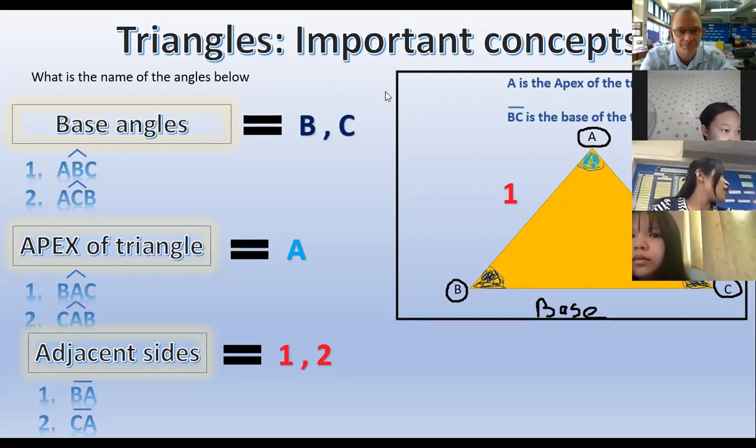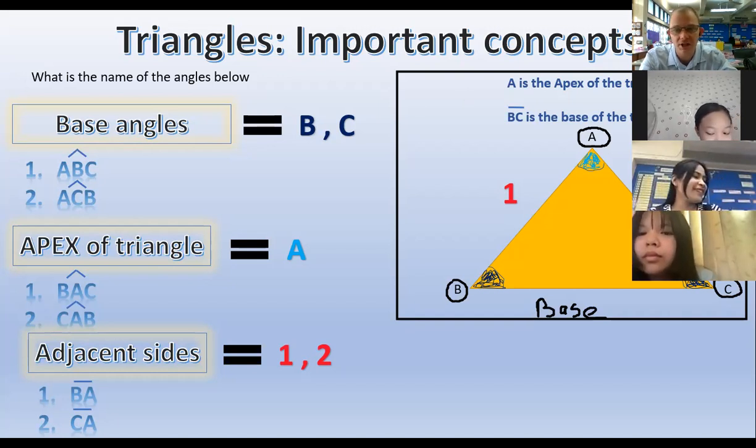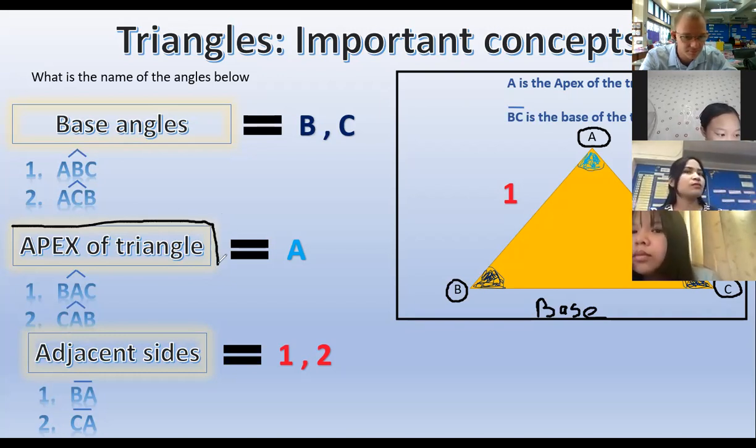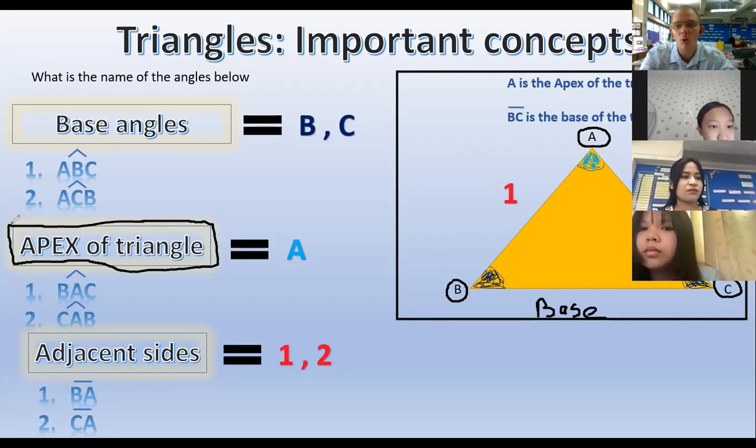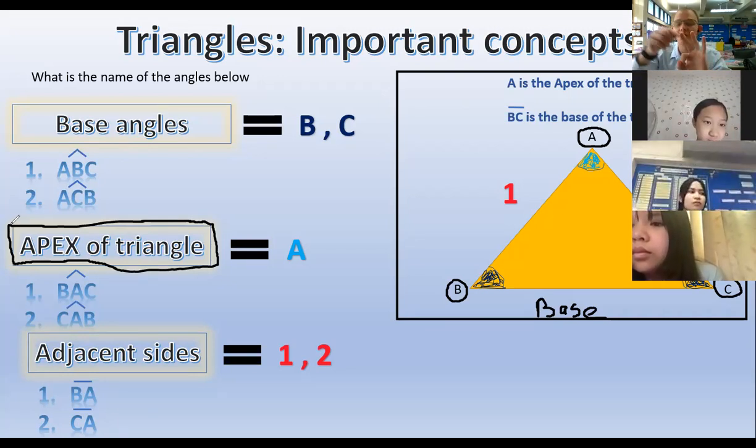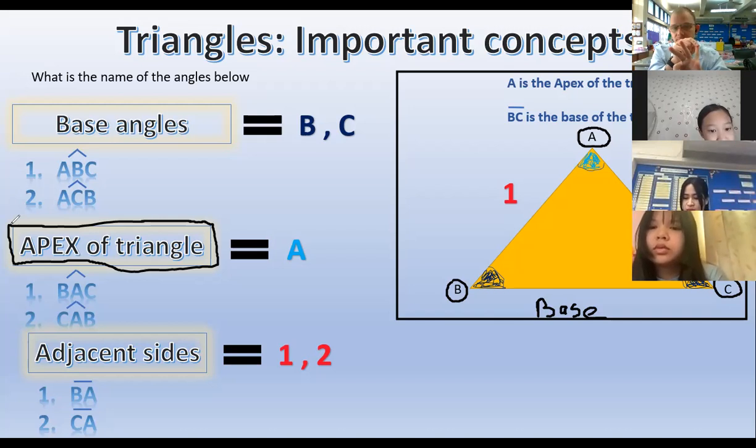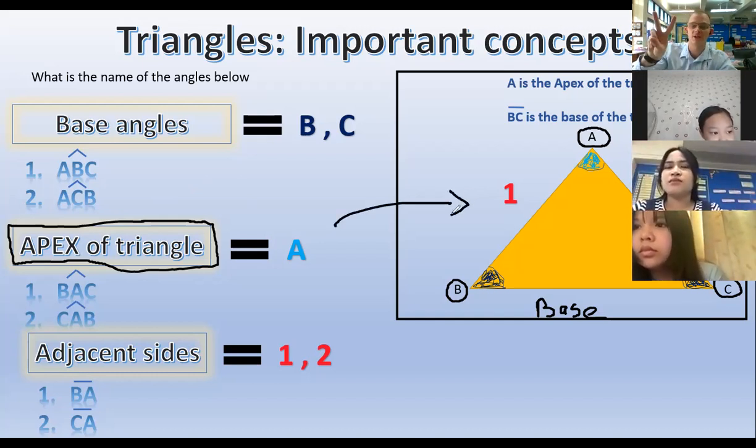For example, in the triangle ABC on the right-hand side, if we look at the apex over here, how do we write the name of the apex? We always have to have 3 letters when we talk about angles. The first letter, the angle we're looking for in the middle, and then the last letter. So the apex of the triangle over here can be written in 2 ways.